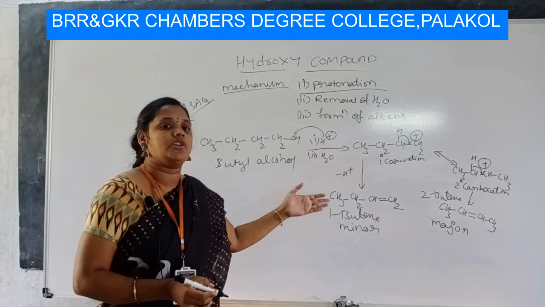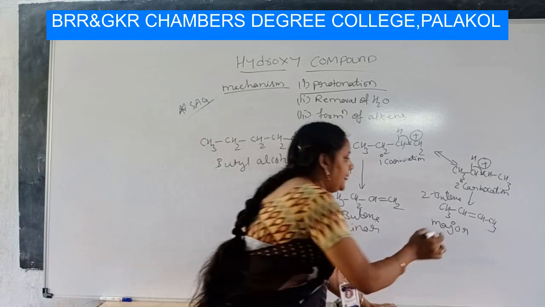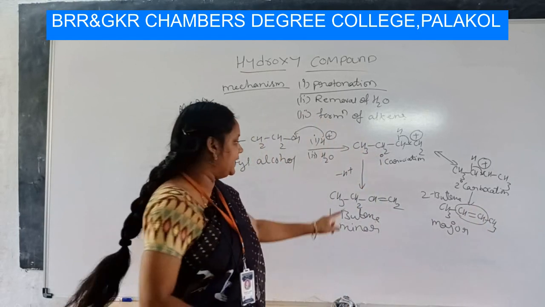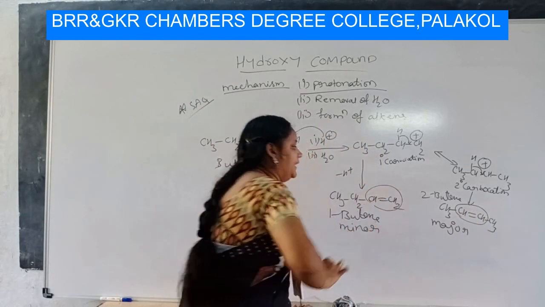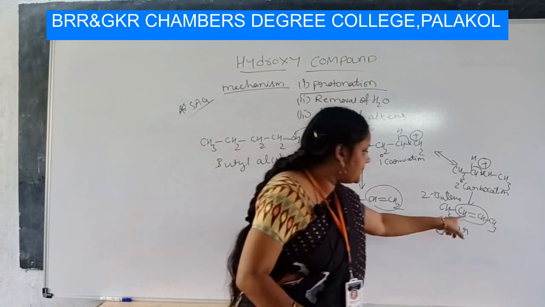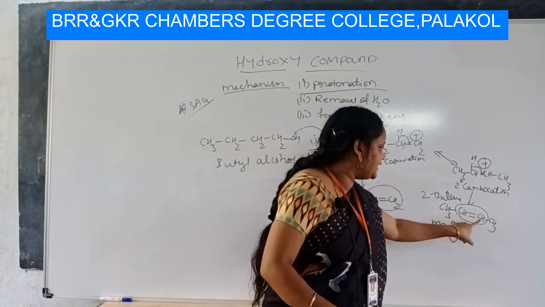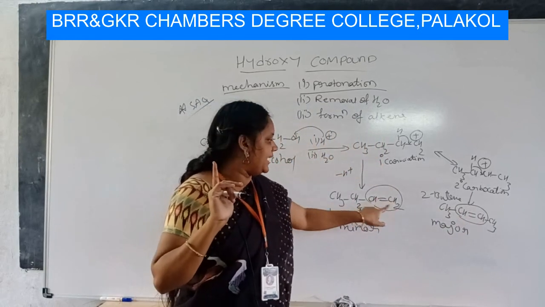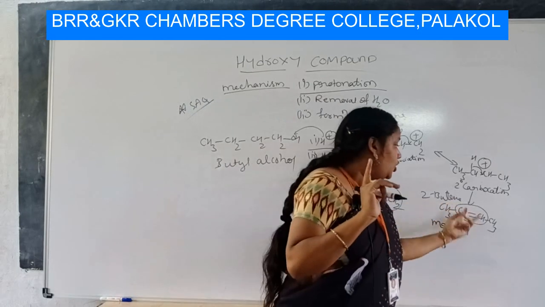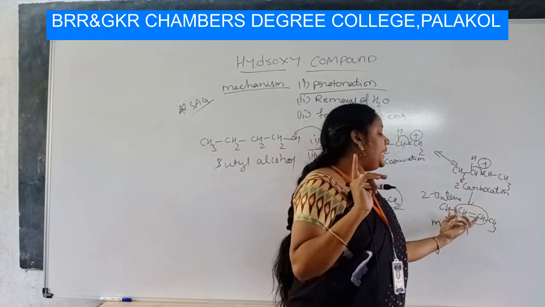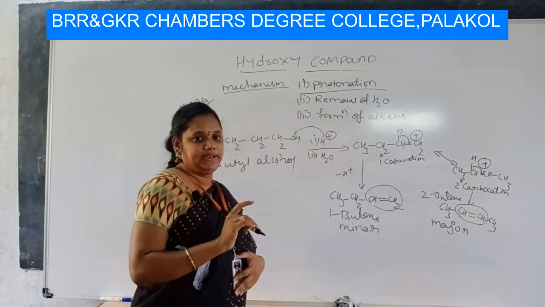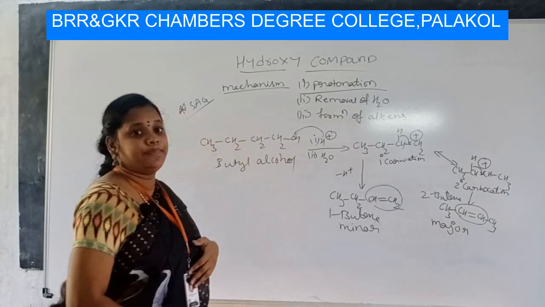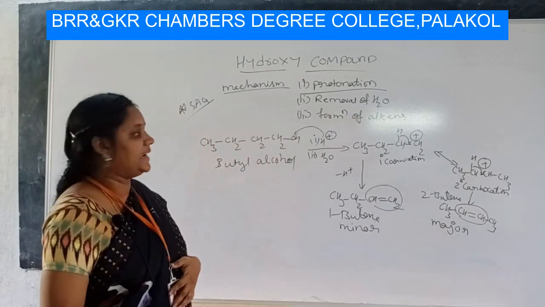Okay students, this follows Saytzeff's rule because the more substituted double bonded carbon will be the major product, and the less substituted will be the minor product. Here 2 hydrogens are substituted, but there only 1 hydrogen is substituted. So this is about the dehydration of alcohols and its mechanism.